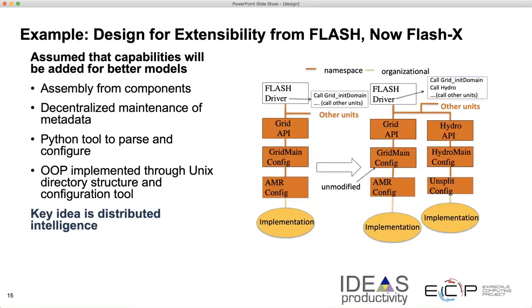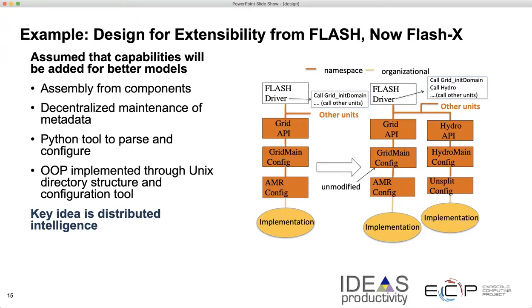As an example, I will talk about Flash, which is the code that I've been most familiar with. In Flash, the assumption always was that capabilities will be added for better models. So it was always designed so that it could be assembled from components.